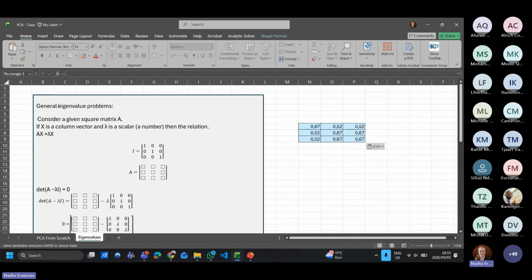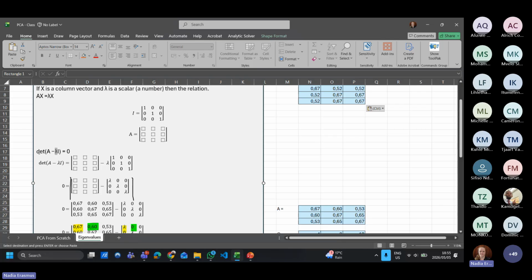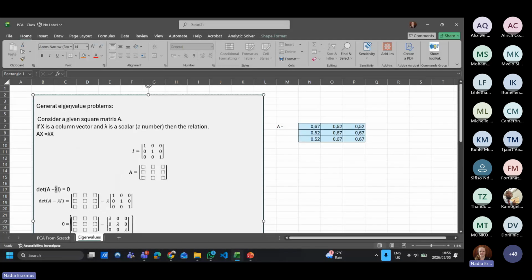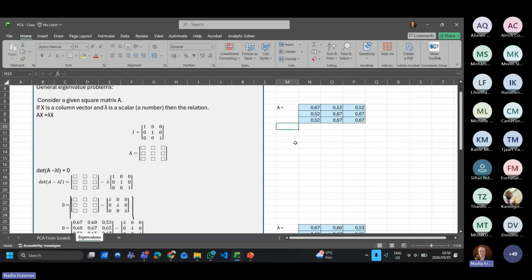So this is your eigenvalues. Your eigenvalues is this delta. So we have the determinant of A, where A is equal to the correlation matrix, so your covariance matrix is A. Then you have your minus delta, which is your eigenvalues.